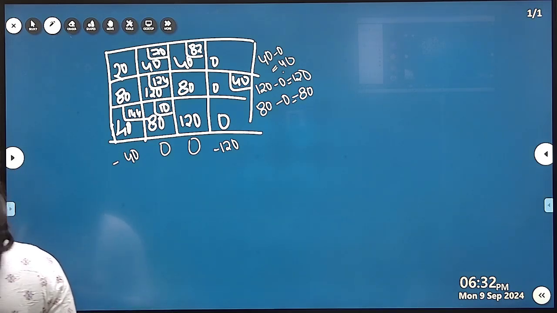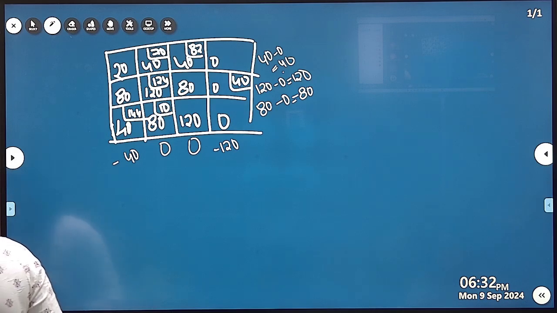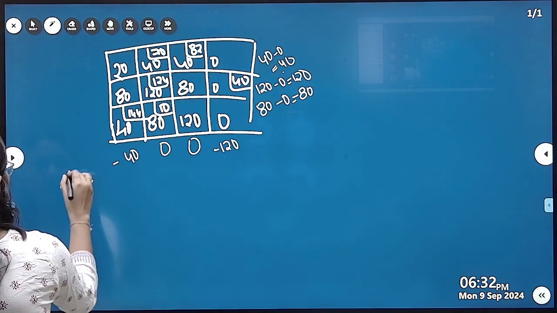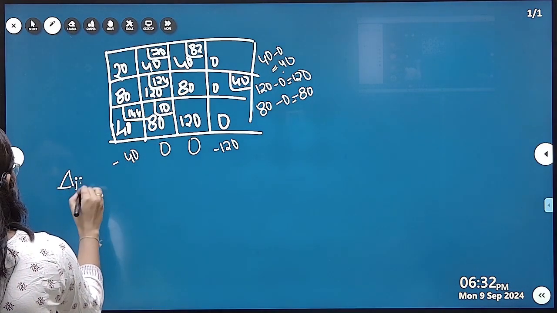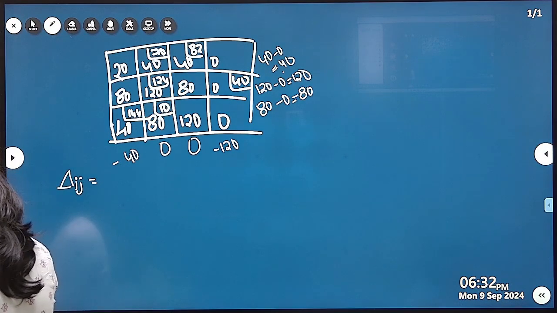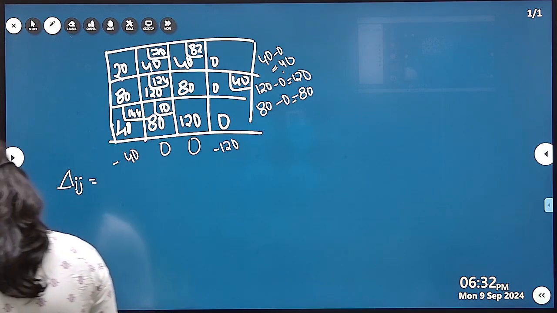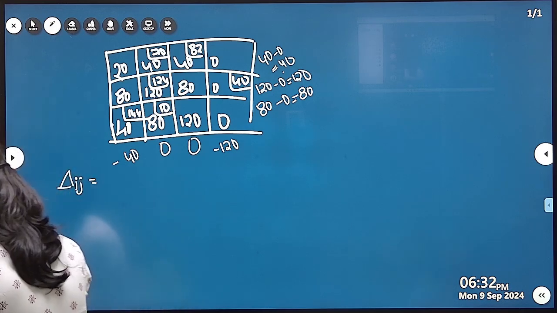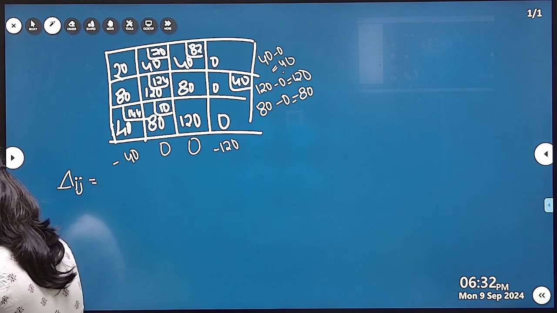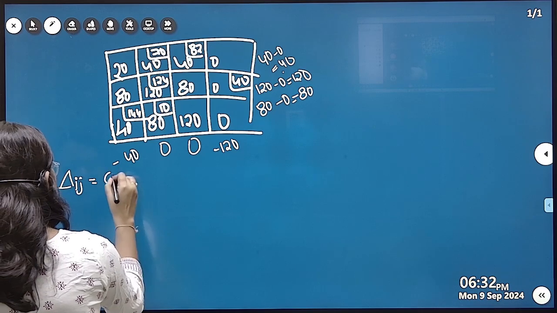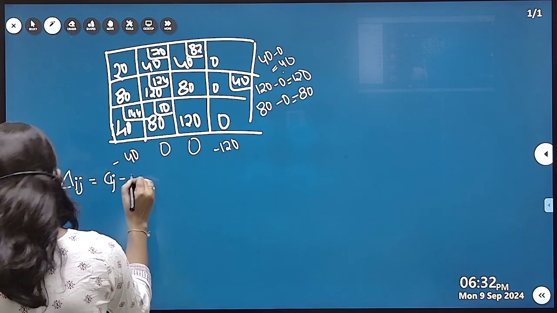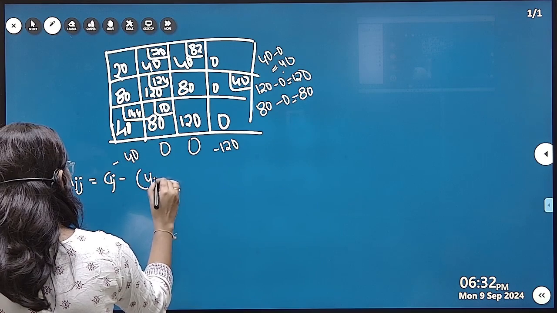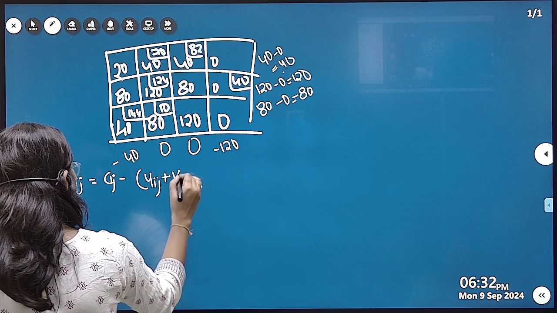Now what is the formula they are telling us? Delta ij is equal to Cij minus (ui plus vj).